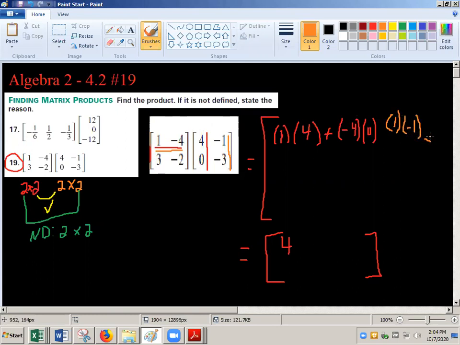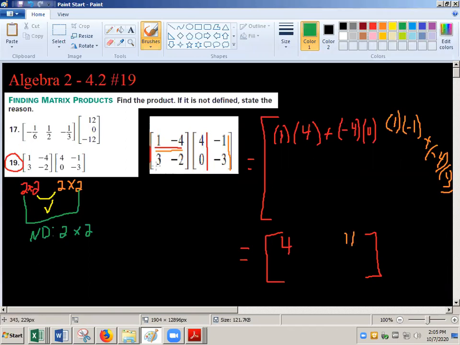And then I'm going to say plus, and I've got my negative 4 times negative 3. Look at that. Beautiful, beautiful penmanship. Negative 1 times 1 is just going to give me negative 1. Negative 4 times negative 3 is going to give me a positive 12. So I'm going to say 12 minus 1 is 11.